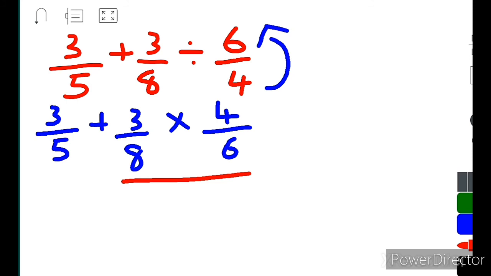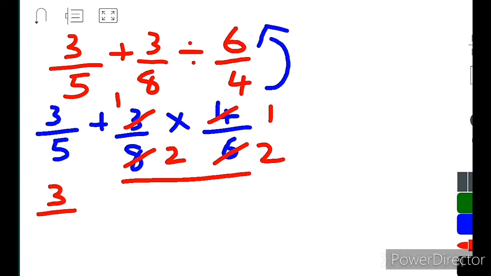We will see whether any of the numbers go in the table, like 3 and 6. They have combinations. So 3 ones are and 3 twos are. Understanding, children? Same way for 4 also. 4 ones are and 4 twos are. Now our terms have reduced. We will write 3 upon 5 plus, now it is multiplication, you can multiply directly. 1 into 1 is 1 and 2 twos are 4.